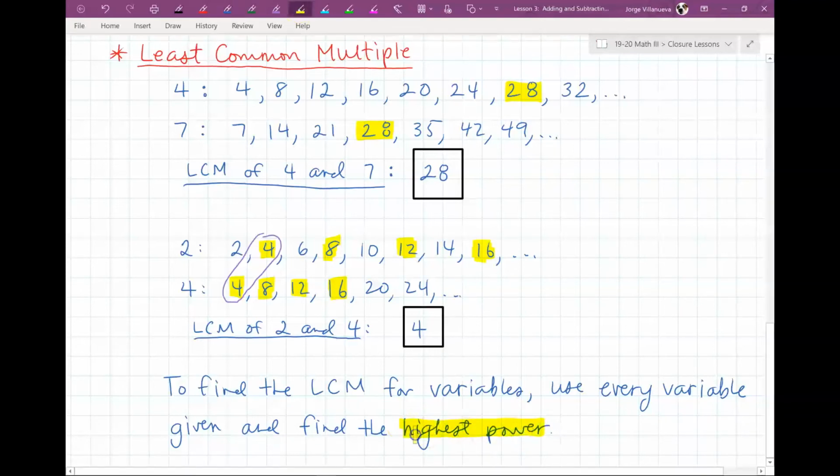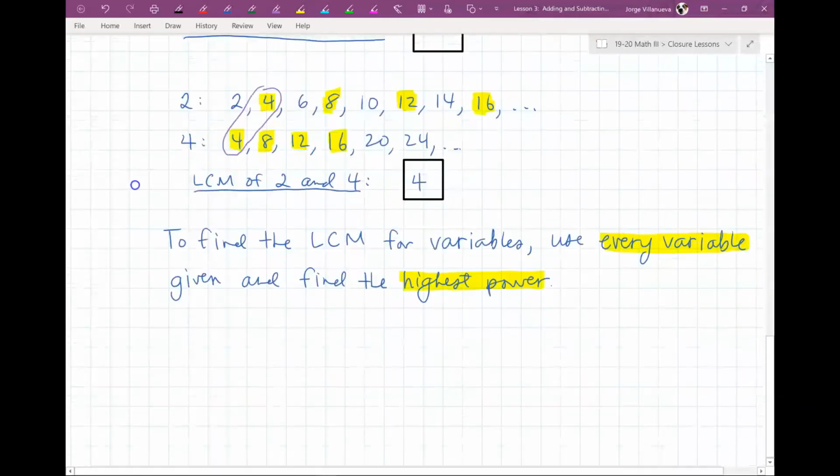So highest power for every variable. Even if they don't all share the same variable, it doesn't matter. If one of the terms has an x and the other one doesn't, it's okay. You still use the x. Whatever the highest power is on that variable x, you're going to use it. Okay, so this is least common multiple.